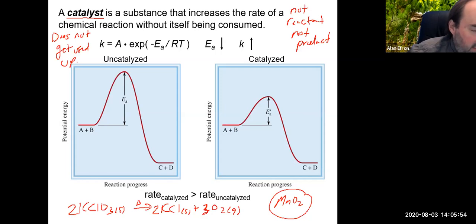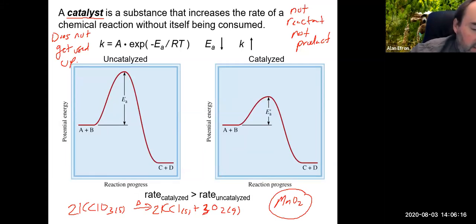This manganese 4 oxide, or a lot of times it's called manganese dioxide, is a little black powder that they put in there. In the Chem 3 experiment, they pre-mix it in there for you. In every school I teach at, kids actually have to scoop that in to do this experiment.